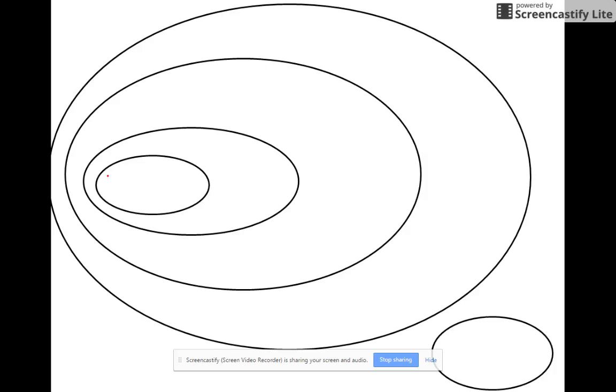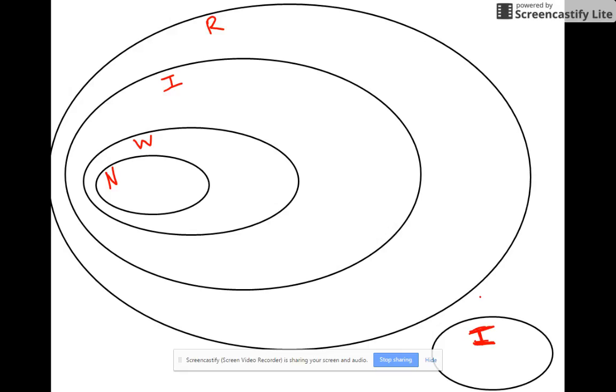And when we remember that statement, that's going to help us to remember the order of our rational numbers. We start off with the natural, then the whole, then the integer, and then rational. And then irrational is over here.